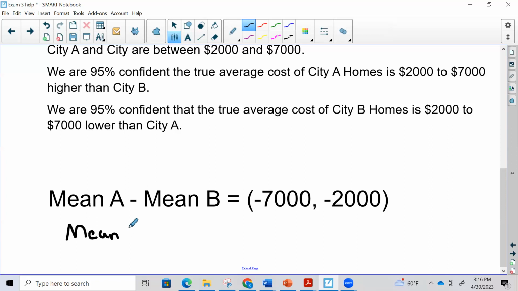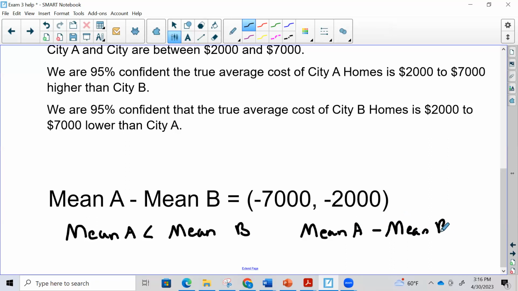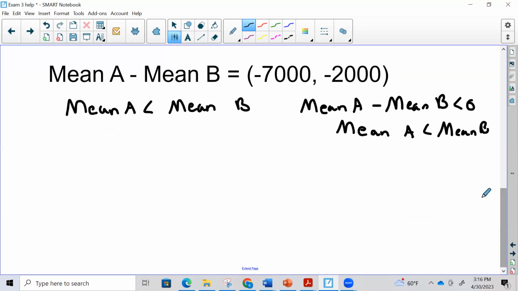So this means mean A would be less than mean B. You can think about it: mean A minus mean B is less than 0, so if I add mean B to the other side, mean A is less than mean B. So you would have to say we're 95% confident that the average home prices in city A are 2,000 to 7,000 less than the home prices in town B. Or you can frame it the other way and say we're 95% confident that the mean prices in town B are $2,000 to $7,000 more than city A.